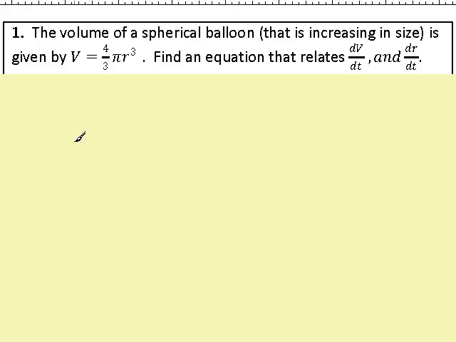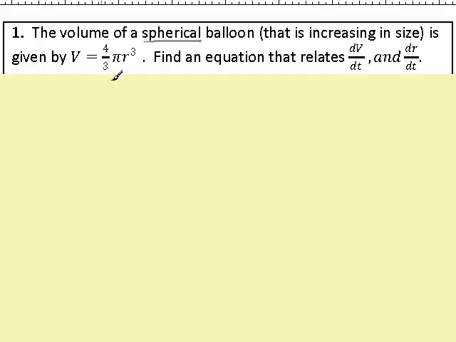In many of the related rate problems that we come across, the variables that are changing with time are variables in either a volume formula or an area of some geometric object. So suppose we have a spherical balloon, so we're talking about a sphere, that's increasing in size, so its dimensions are changing with time.